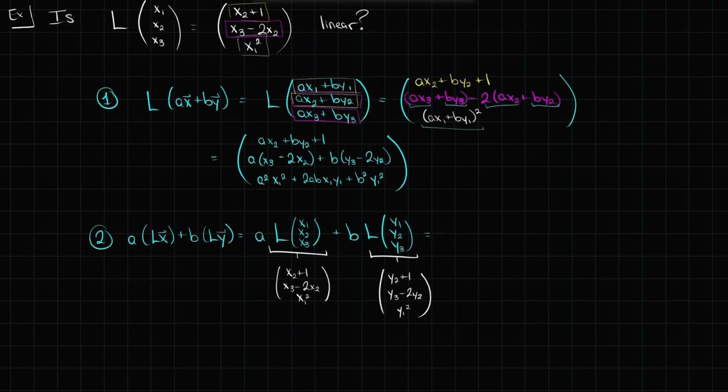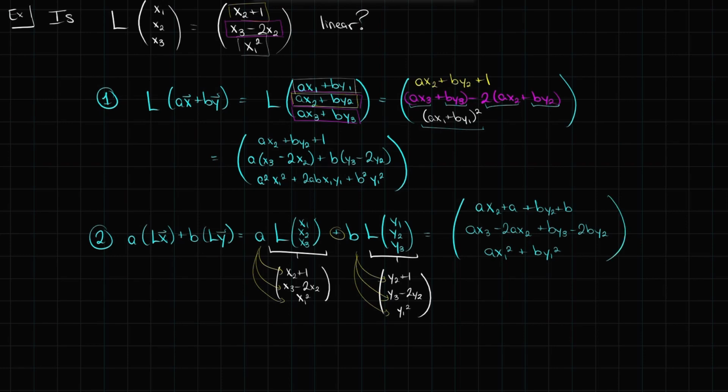And then if I go ahead and multiply each of my terms by an a, each of my terms by a b, and add the terms together, I end up with ax2 plus a plus by2 plus b, ax3 minus 2ax2 plus by3 minus 2by2, and finally ax1 squared plus by1 squared.